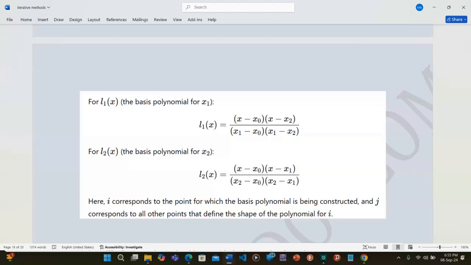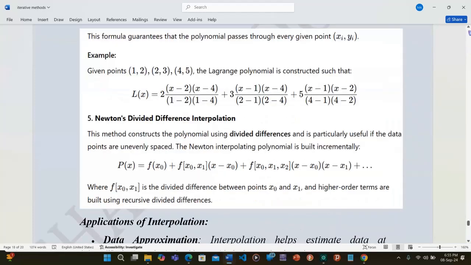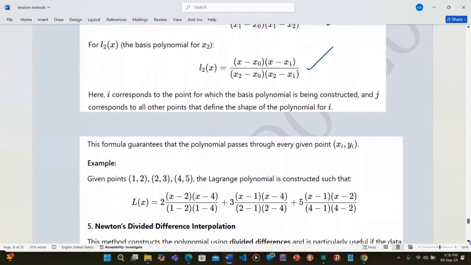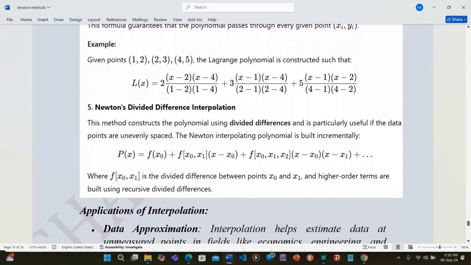Then the Lagrange basis polynomial for x2 is similar. When you apply it, you end up getting a function that interpolates very well between these points. Then Newton's divided difference is like that, but as I said, we shall not emphasize it.